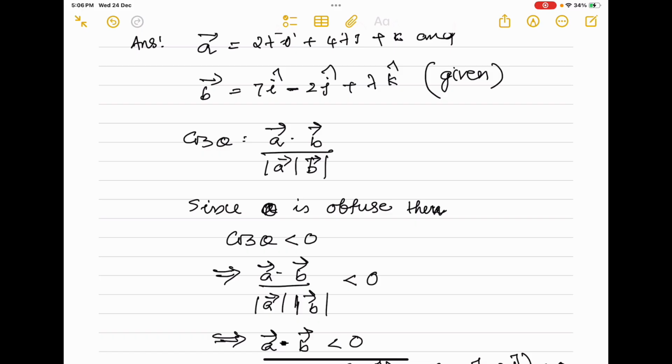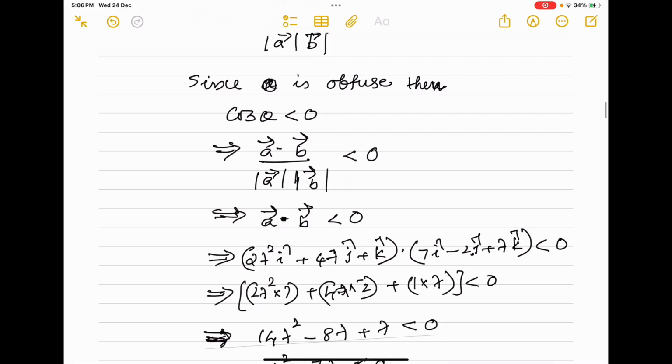Cos theta less than 0, that implies vector A dot vector B divided by mod A mod B less than 0. That is, vector A dot B less than 0, cross it. So vector A dot vector B less than 0 into mod A mod B, that is 0. So vector A dot B less than 0.